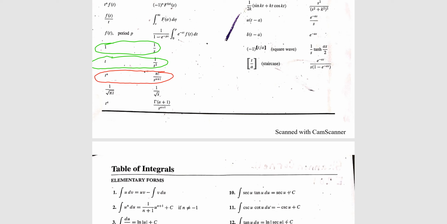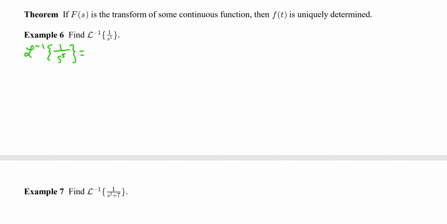If I have s to the fifth, that means I have s to the 4 plus 1, which means I need a 4 factorial in the numerator, but we don't have it. Well, we're going to introduce it and immediately cancel it out. So I'm going to rewrite this as 1 over 4 factorial times the inverse Laplace transform of 4 factorial over s to the 4 plus 1.